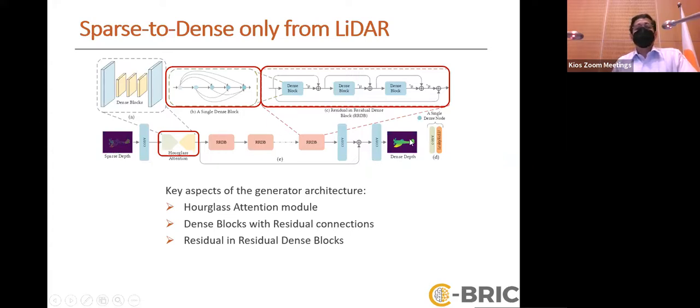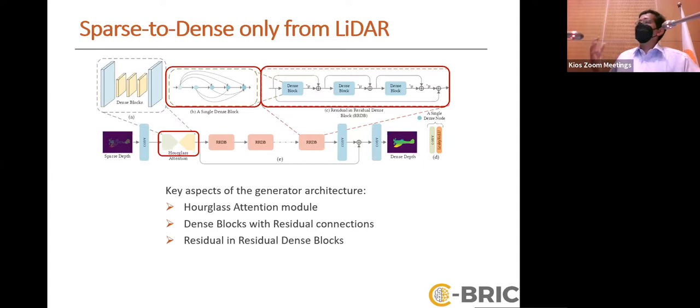Our goal was to derive dense depth from sparse depth, so you can use a normal LiDAR and then do a learned reconstruction to a dense depth. A key aspect for this was a GAN-like architecture, which used an attention module to extract the specific objects and make them pretty uniform across the spatial scale.